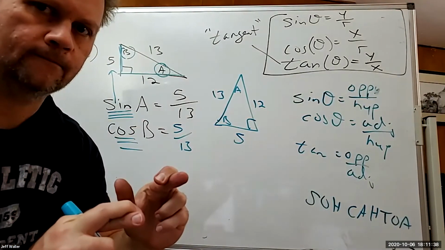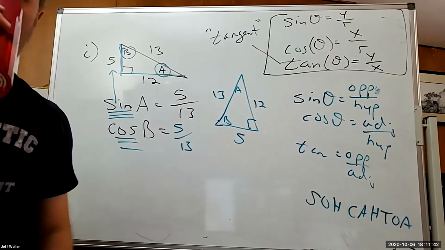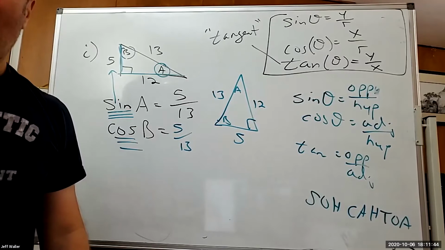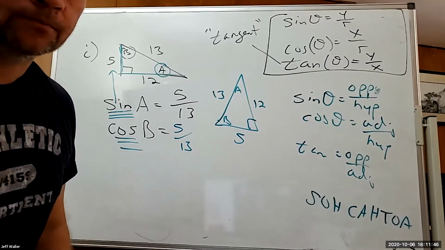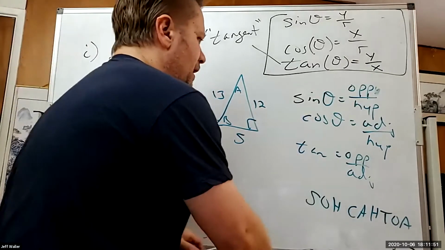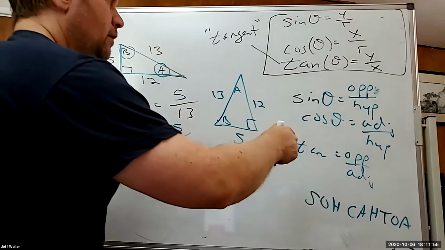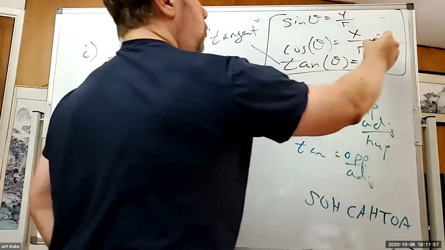I do have one question about the tangents. You said that sine is related to y and cosine is related to x. How should we think that tangent is related? All right, so here we go. Tangent is really, really neat. Y over x.